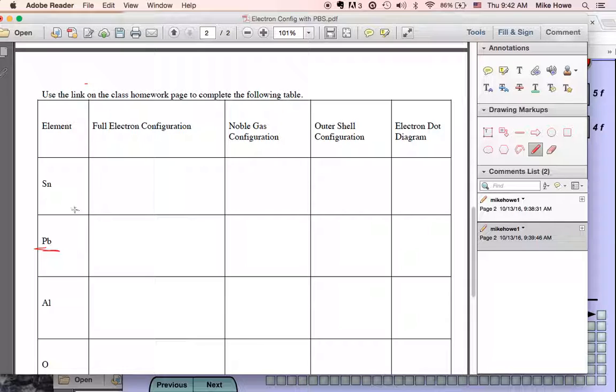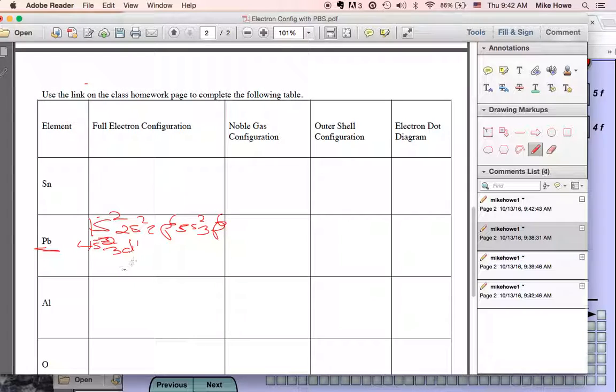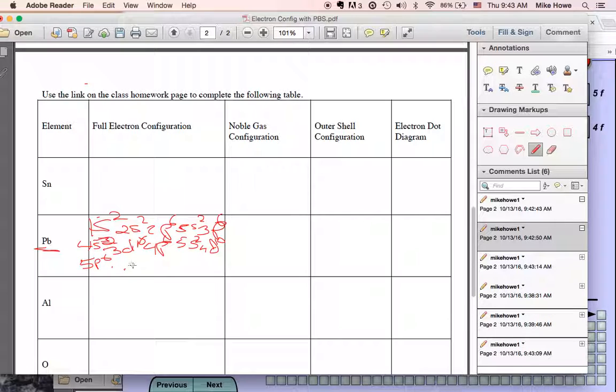We'd go 1s2, 2s2, 2p6, 3s2, 3p6, then 4s2, that's a 2, sorry, 3d10, 4p6, then 5s2, 4d10, 5p6, 6s2, 4f14, 5d10, 6p2. So that's the complete electron configuration for lead.